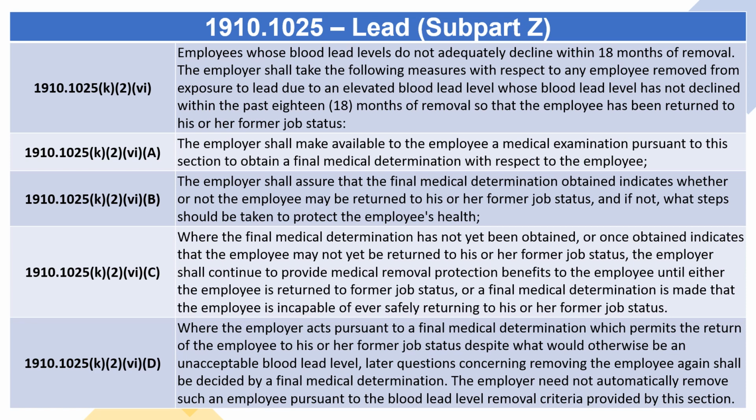Where the employer acts pursuant to a final medical determination which permits the return of the employee to his or her former job status despite what would otherwise be an unacceptable blood lead level, later questions concerning removing the employee again shall be decided by a final medical determination. The employer need not automatically remove such an employee pursuant to the blood lead level removal criteria provided by this section.